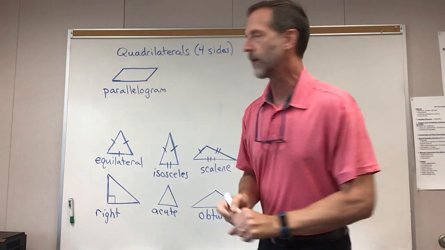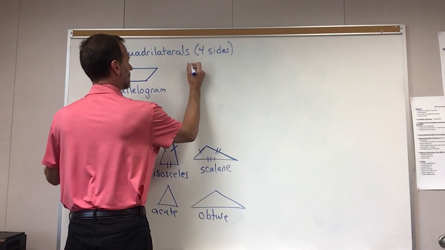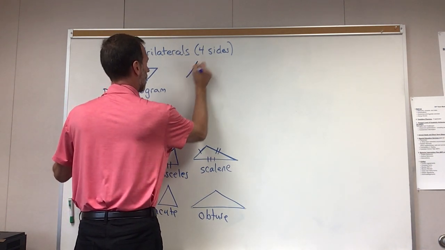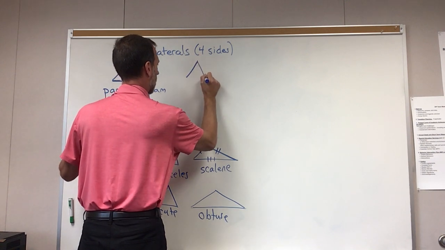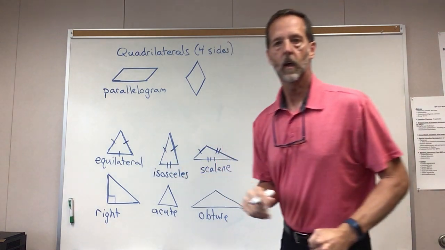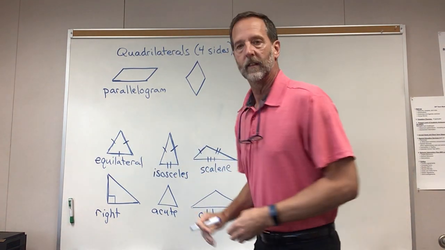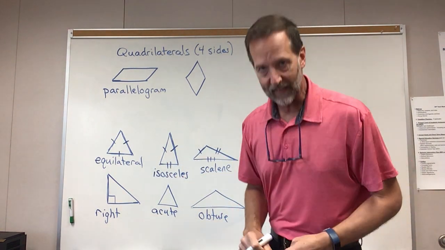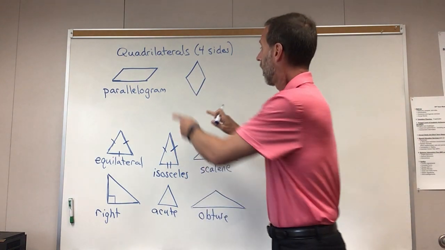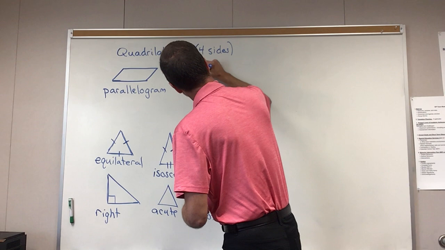All right, the next shape I wanted to show you is this one. Does it have four sides? Yes. So that makes it a quadrilateral.